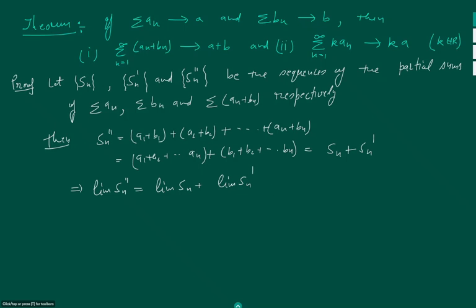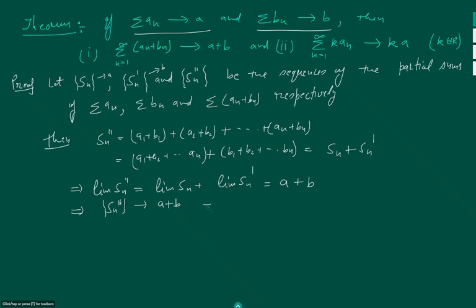The limit of Sn is A because the series An converges to A. The series An converges to A means the sequence Sn converges to A, and the series Bn converges to B means the sequence of partial sums of the series Bn converges to B. So Sn converges to A and Sn dash converges to B, and that implies the sequence of partial sums of the sum series converges to A plus B, and that proves the result.